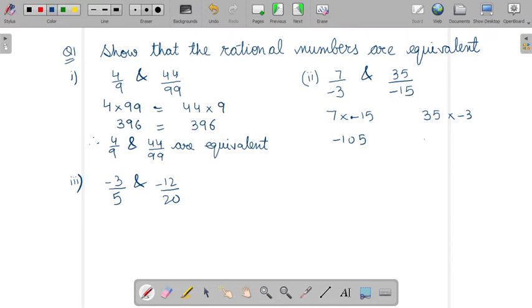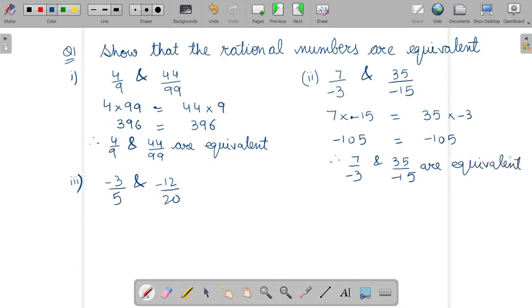If we multiply both the terms, here we are getting it as equal. So therefore, 7 upon minus 3 and 35 upon minus 15 are equivalent.